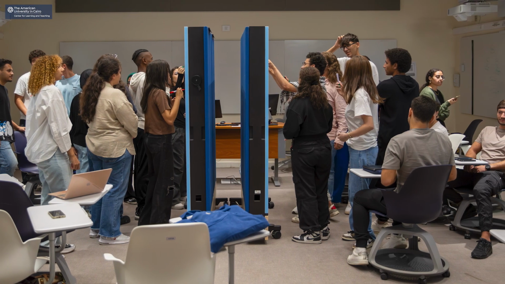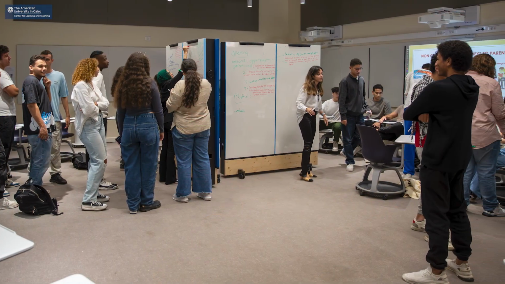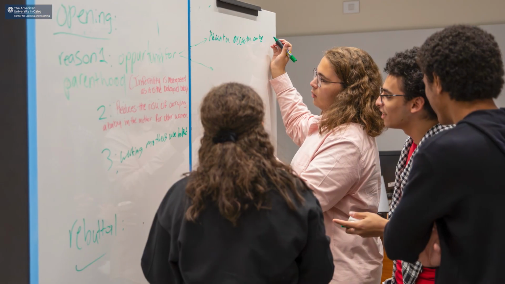What I liked about running a debate in the active learning classroom is the very engaging way by using the dancing walls. All the students had access to all ideas that were shared, so it was very easy for them to follow and check what the other group wrote.